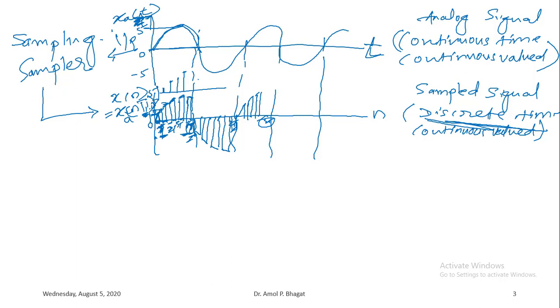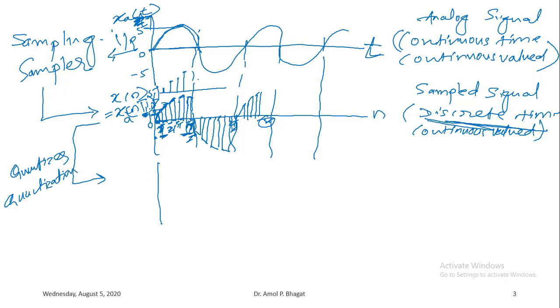So multiple values are present between this interval in that sample. Therefore it is continuous valued, but discrete in time. This sampled signal will be given as an input to the quantizer, for performing the quantization operation on the sampled signal.